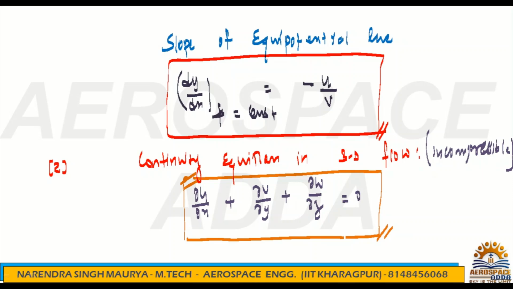Both satisfy the Laplace equation, because for irrotational flow we are using the potential function, for incompressible flow we are using the stream function, right? But if you talk about the Laplace equation, both stream function and potential function are satisfying the Laplace equation.